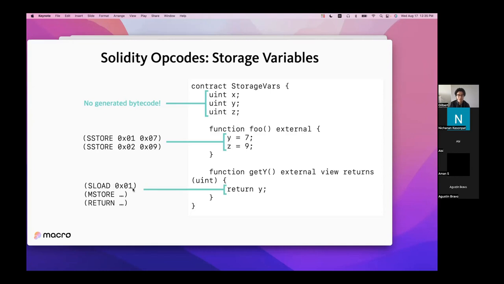So that's why SLOAD 1 is happening here. MSTORE and RETURN, this is a general concept: anytime you want to return a value, you need to return it from memory. So this MSTORE is going to be storing Y into memory somewhere, and then RETURN will return from that position in memory. That part's not so important, not yet. So these are all index-based, depending on the order of your definitions here.